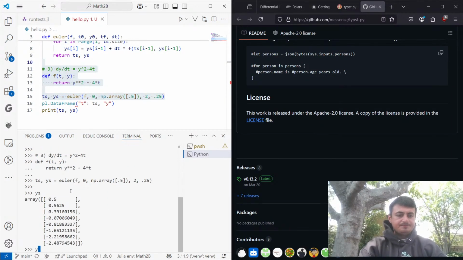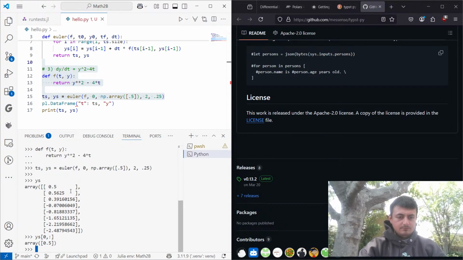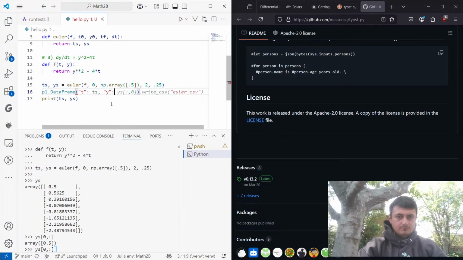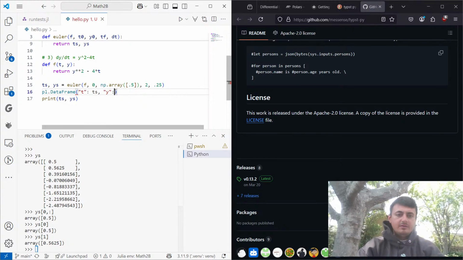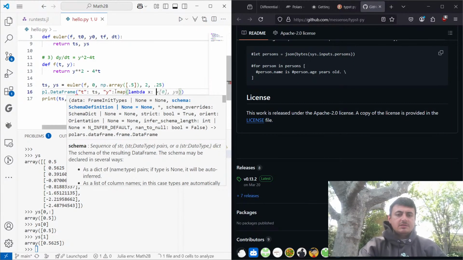Okay, so how do I unwrap? Just the map lambda x0, yeah, like that. Does that work?